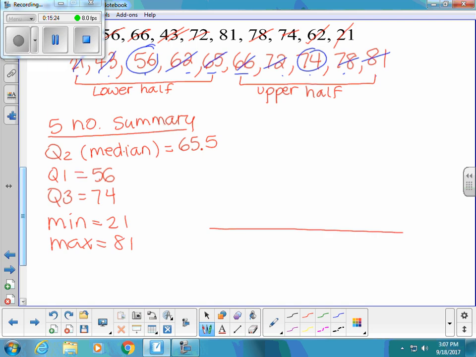So I'm going to count my tens this time: 20, 30, 40, 50, 60, 70, 80, 90. And then halfway is my fives. This time I'll make my graph above my number line just to show you it doesn't matter which way.